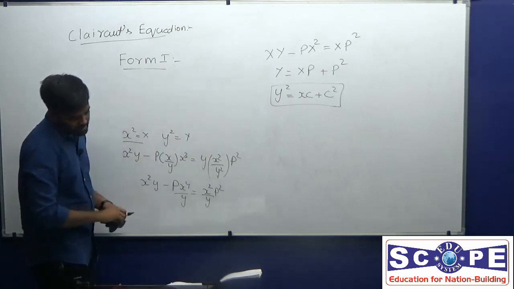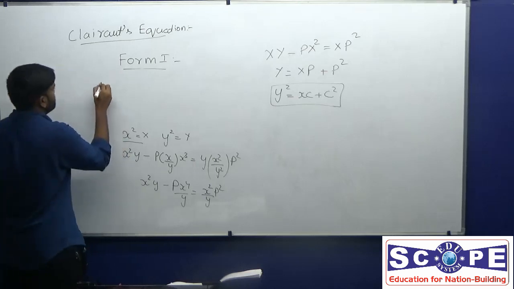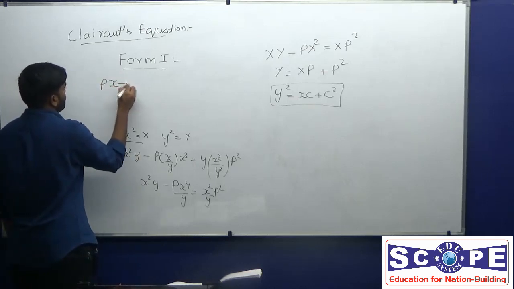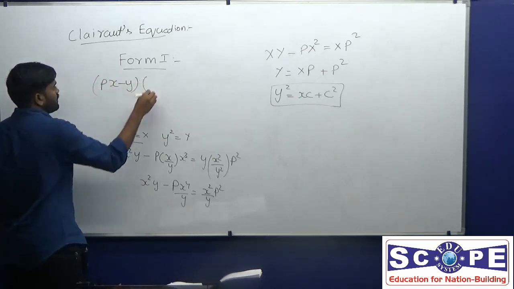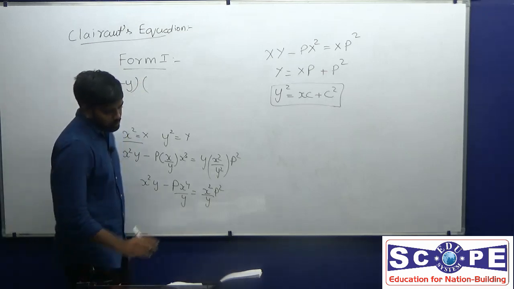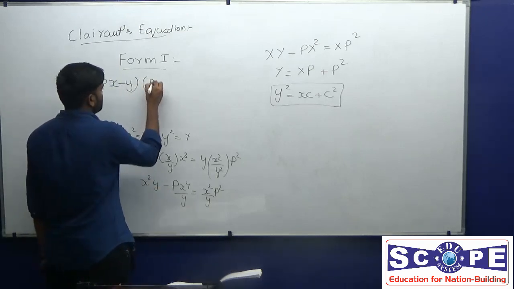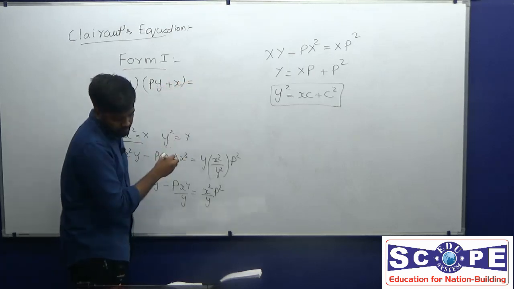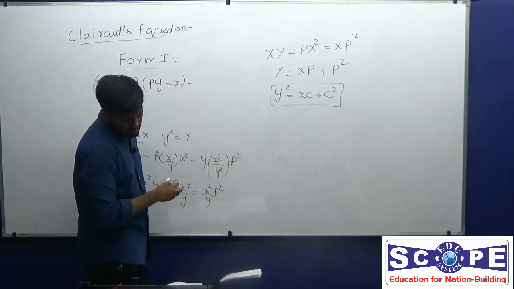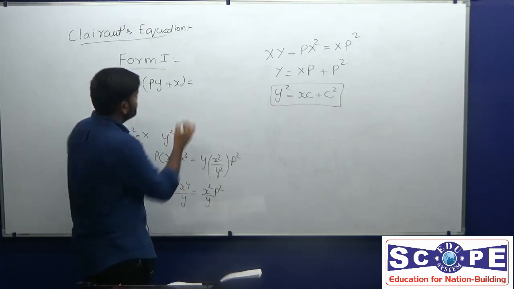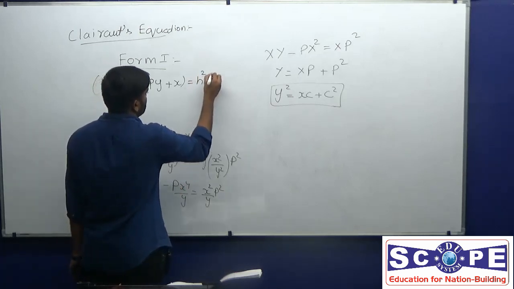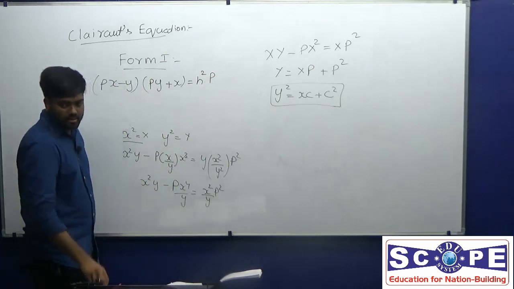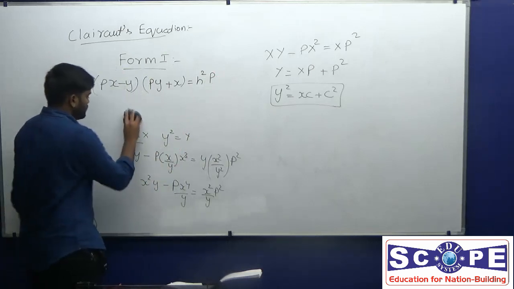Try to solve this one. Px minus y into py plus x equal to h square p. H is a constant. Try to solve this.